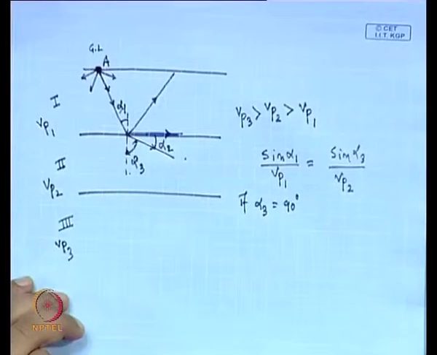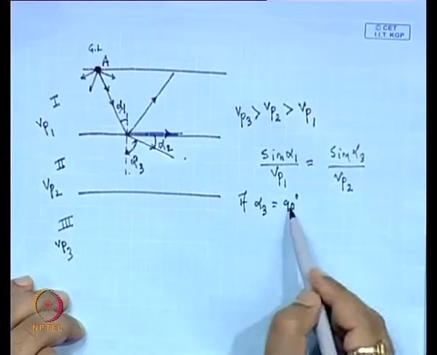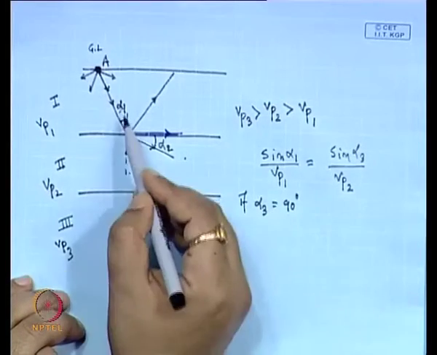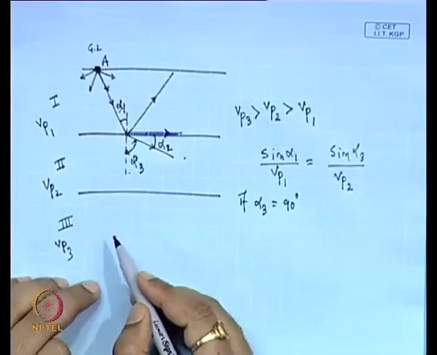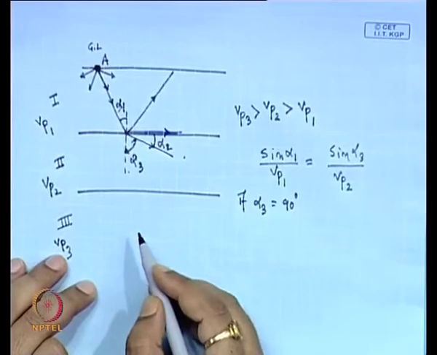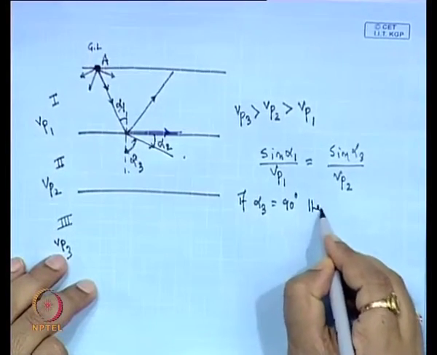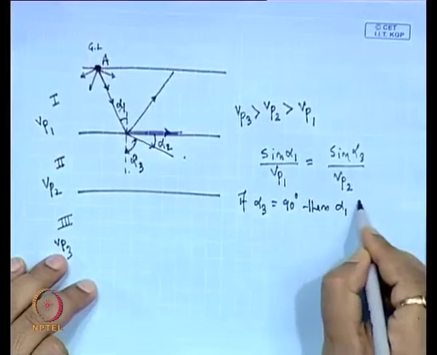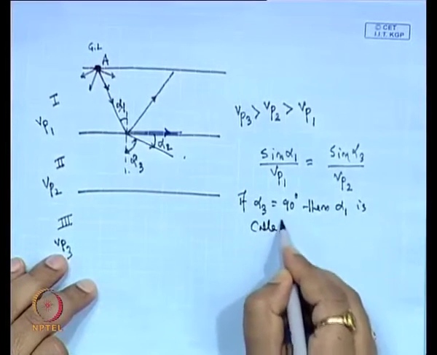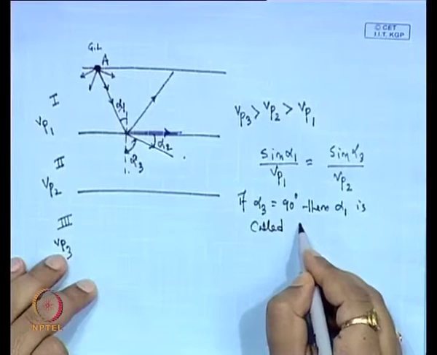So, under this situation, if alpha 3 is 90 degrees, then the corresponding alpha 1 is called the critical angle.